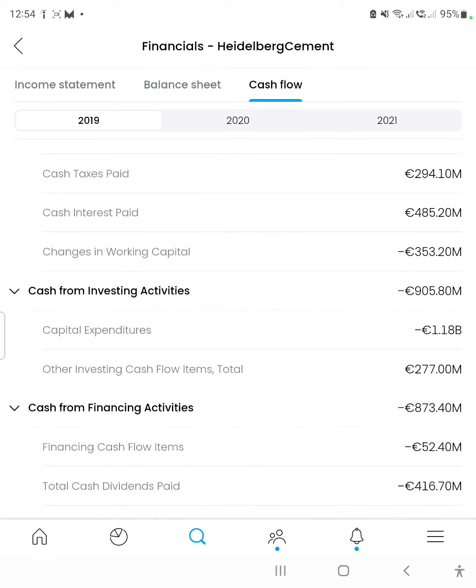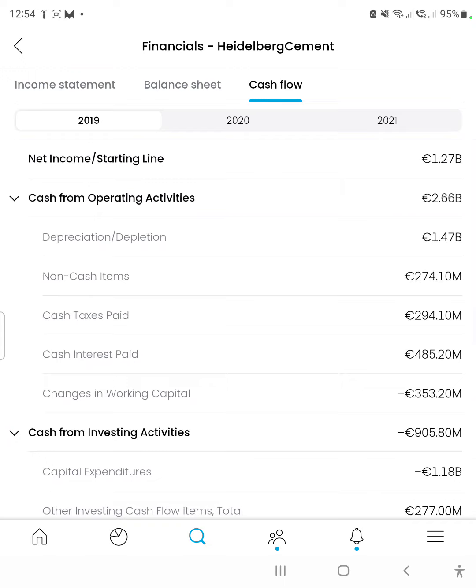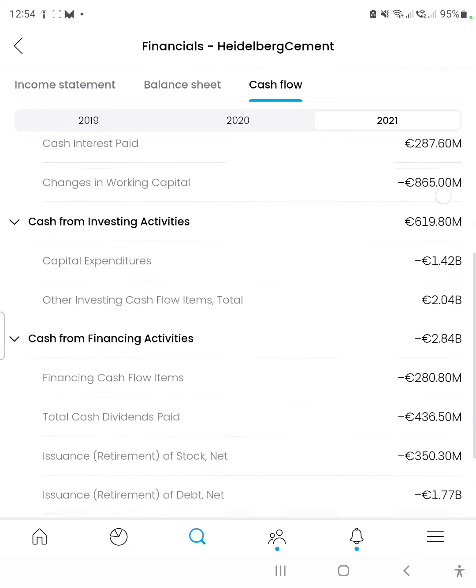So the cash flow statement starts off with the net income, then it goes to cash flow from operating activities, which was 2.66 billion euros in the 2019 financial year, and it was 2.4 billion euros in the 2021 financial year.